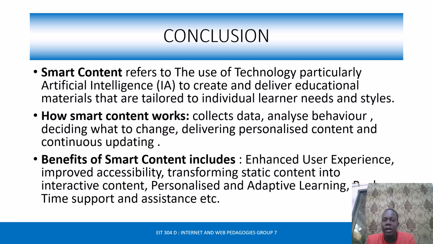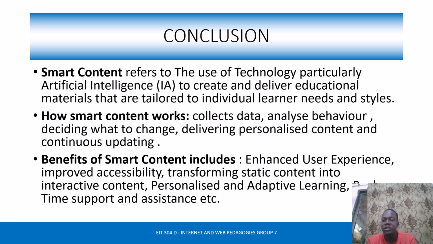So with smart content, it helps us to collect data from different sources, retrieve information from different sources and other educational platforms. We move on to benefits of smart content. It enhances experience, improves accessibility, transforms static content into interactive content, provides personalized and adaptive learning, and real-time support and assistance.